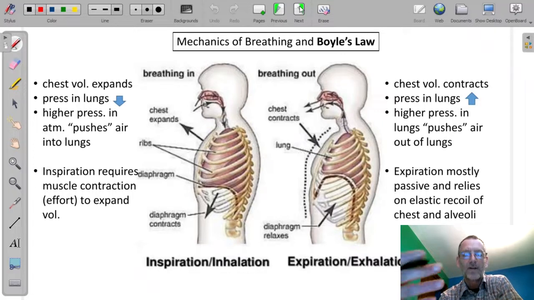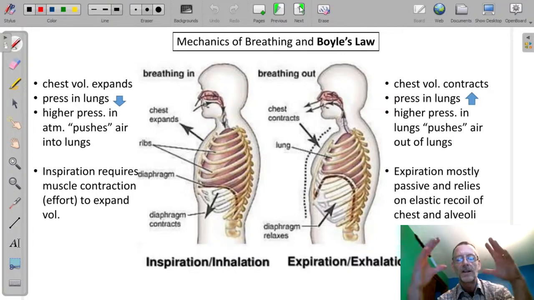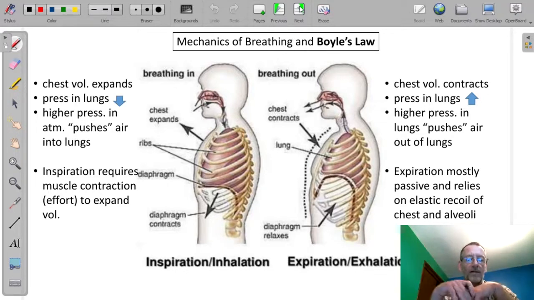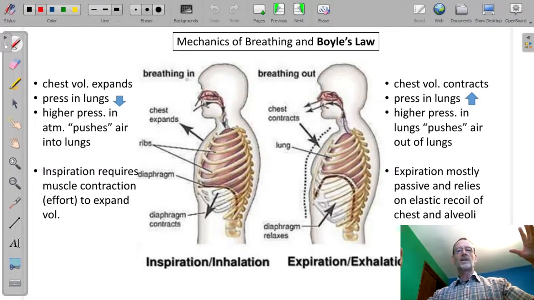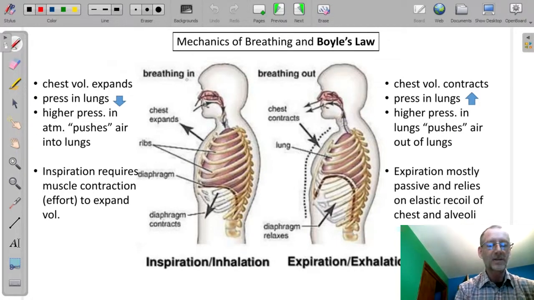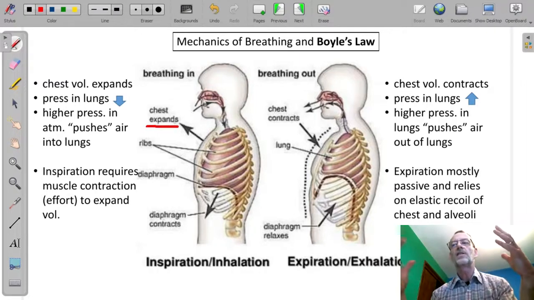So think Boyle's law. The volume is determined by the volume of the lungs and the rib cage, the thoracic volume. During inspiration, the inspiratory muscles contract and expand the rib cage. The volume increases. So the chest expands. Volume has increased, so what happens to the pressure?